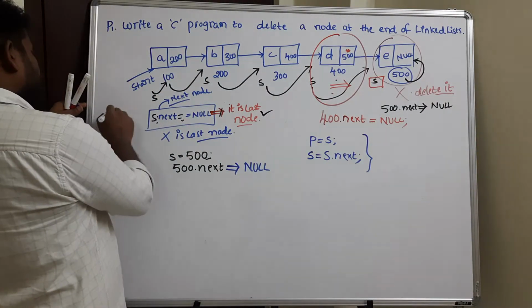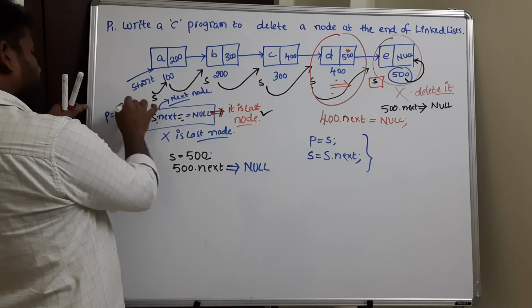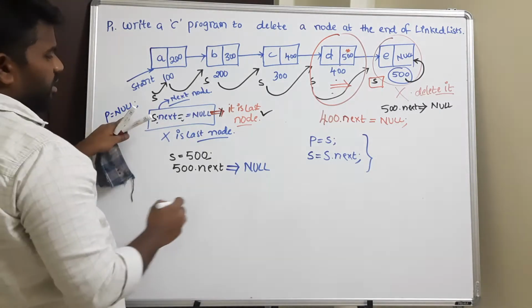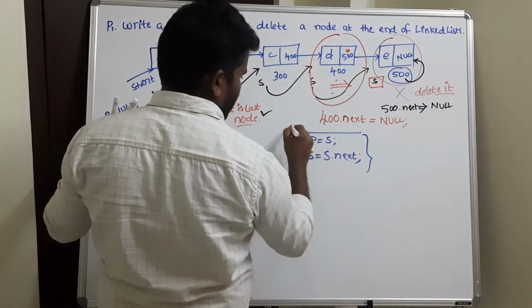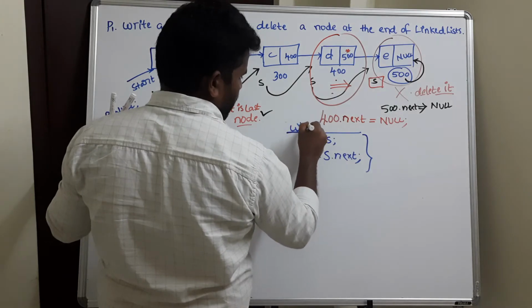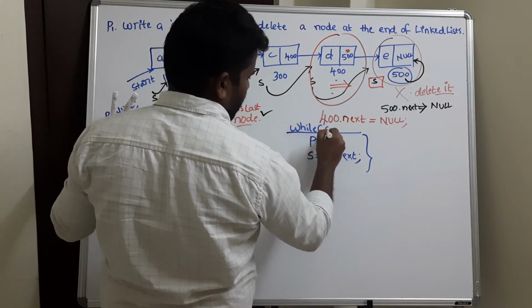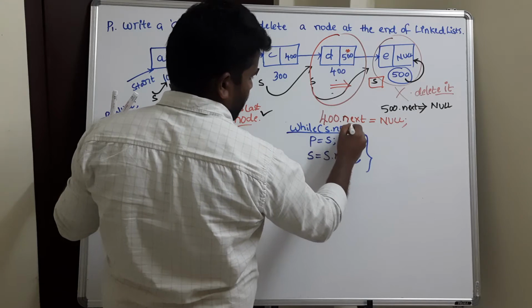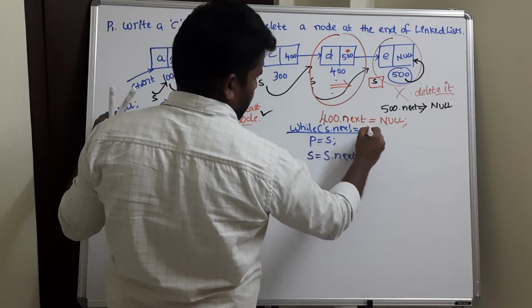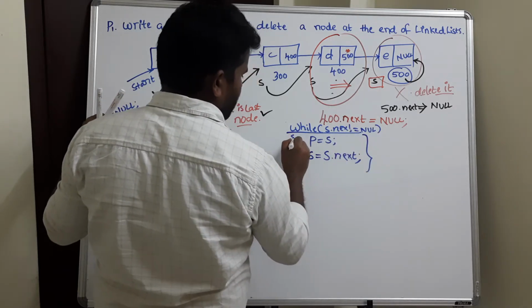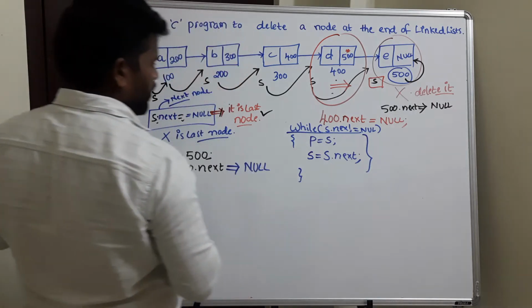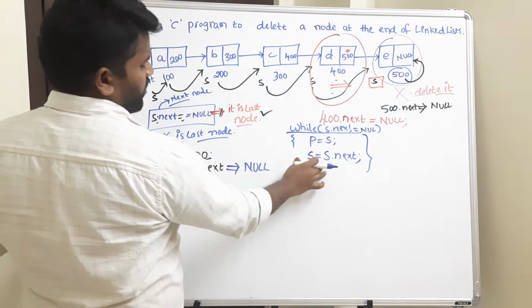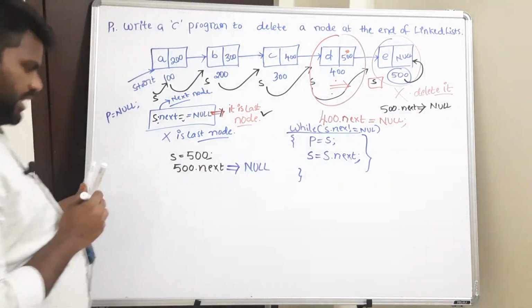First I take p equal to null. Then inside this I am taking a while loop, while s next not equal to null, then I am performing all these operations, okay, right?